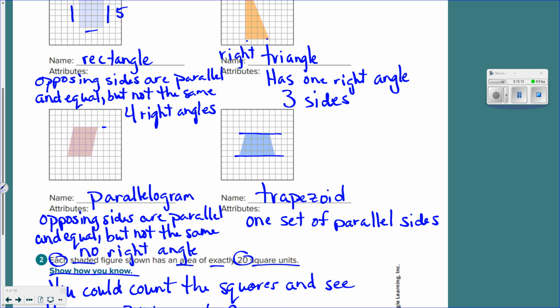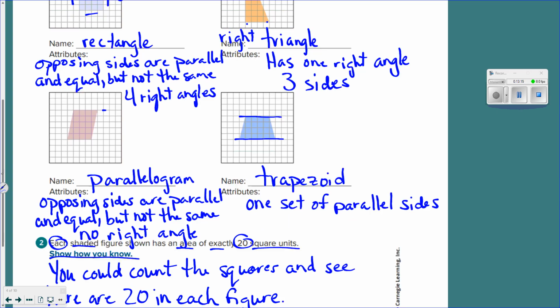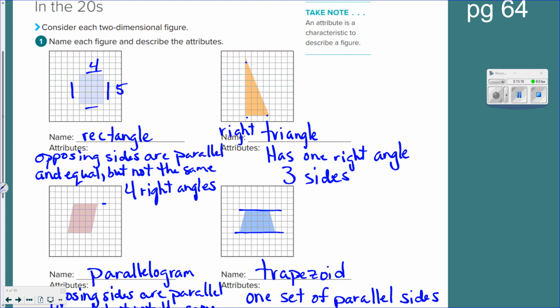Good question. Okay. So that one was easy to see. What about this one? I can kind of count some of the squares that are whole, right? And then this one. Well, look at this. What if I took this triangle and flipped it upside down? What do I have then?